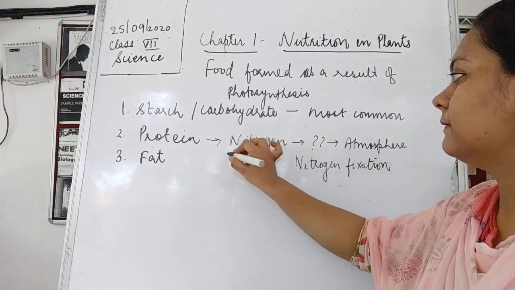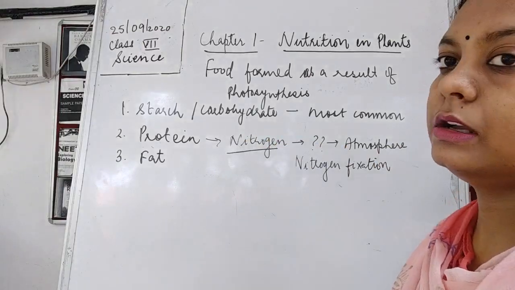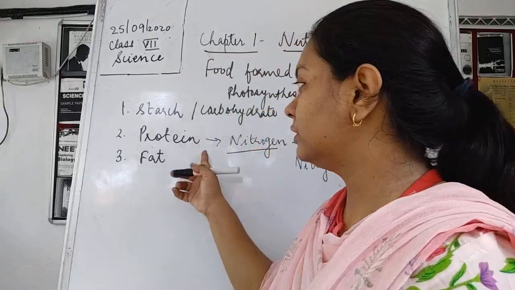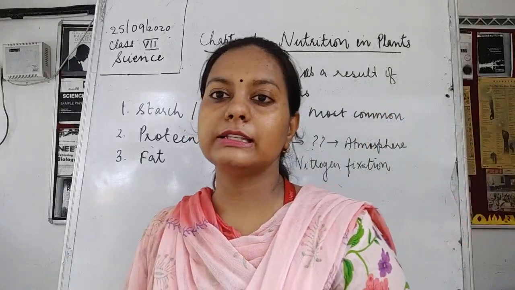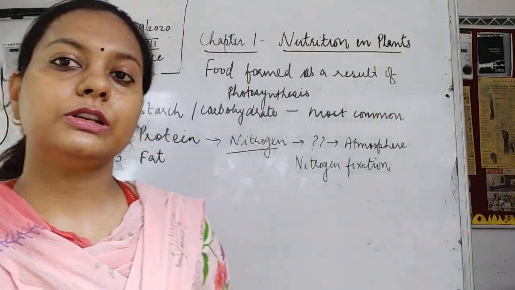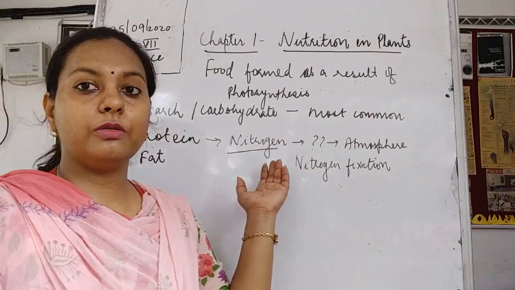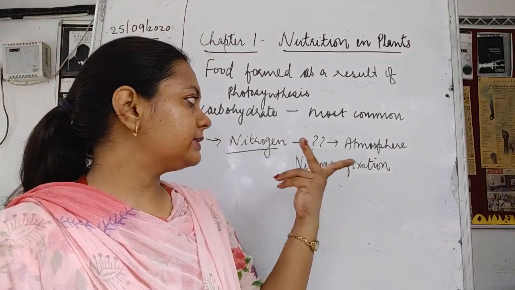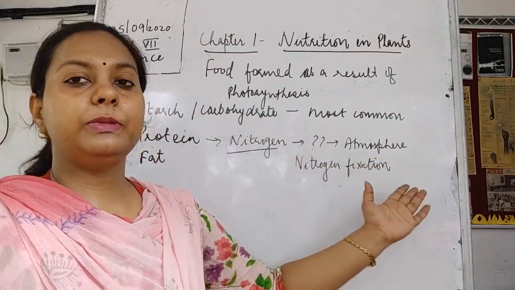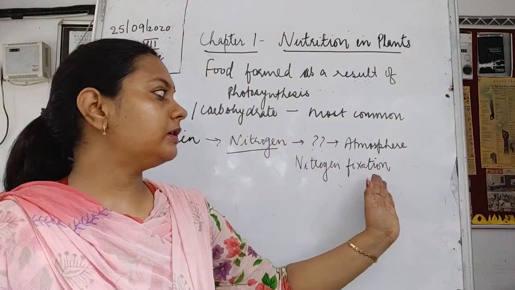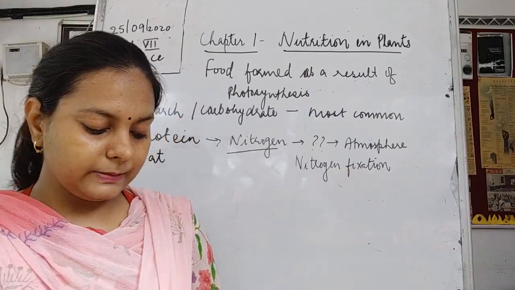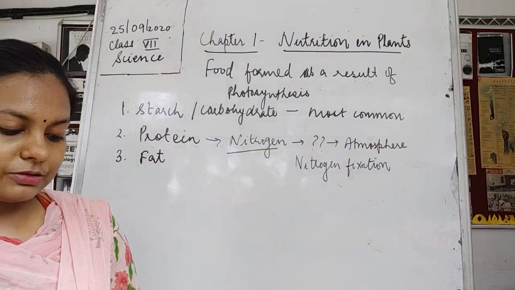Nitrogen is a very essential component for plants and for animals. It is necessary for the synthesis of protein, because proteins are only made in the presence of nitrogen. The plants also grow because of the presence of this nitrogen. They get this nitrogen from the atmosphere by the process called nitrogen fixation.